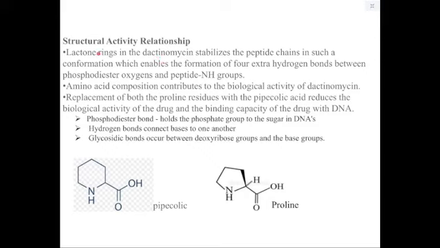So we are saying that the lactone ring in the dactinomycin stabilizes the peptide chain in such a conformation which enables the formation of 4 extra hydrogen bonds between the phosphodiester oxygen. The phosphodiester oxygen is that oxygen which is in that bond, which is between the sugar and the phosphate. So all we are trying to say is that this structure, even that lactone, and that's why we say it's necessary for activity, it helps again to fix this molecule.